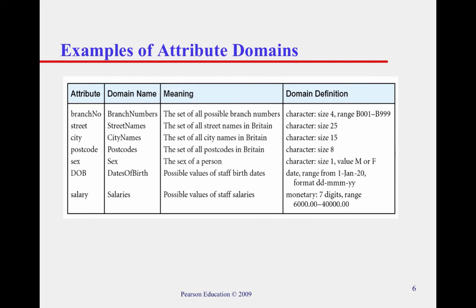Or you might say that a postal code is a character or a string with size 8, and those are postal codes in Britain. In the U.S., it would probably be either 9 characters or 5 characters, depending on whether you had the extra 4 digits at the end.